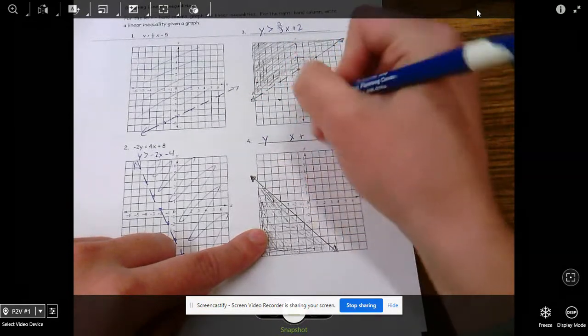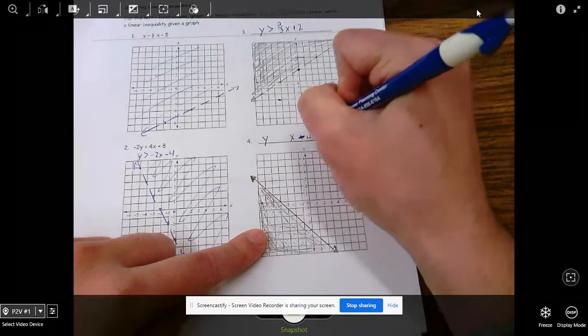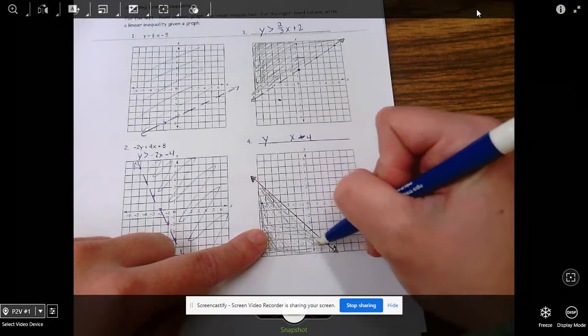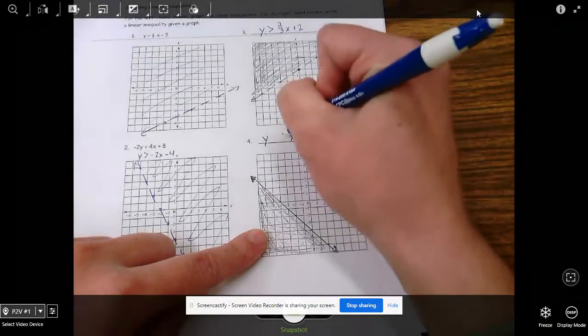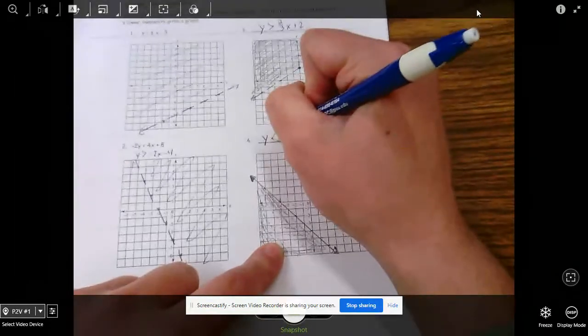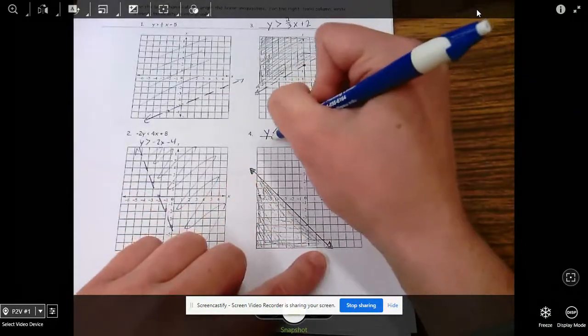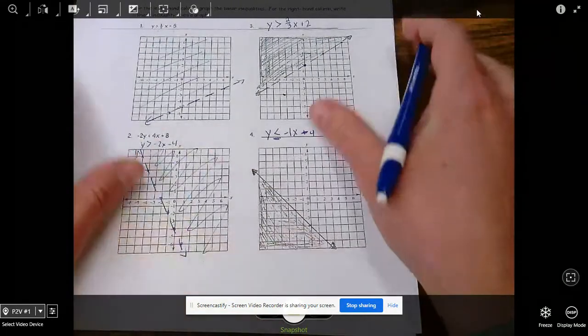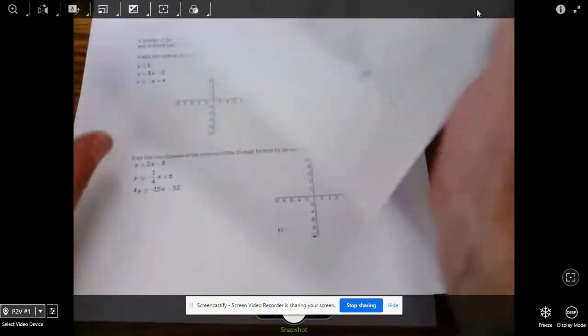Oh, it's a -4. So -4. We're going to go down 1, 2 over 1, 2, or down 1, right 1. So down 1. I'm shading below the line, so I am less than, and I am equal to because I am solid. So that is a review of Algebra 1 doing this.